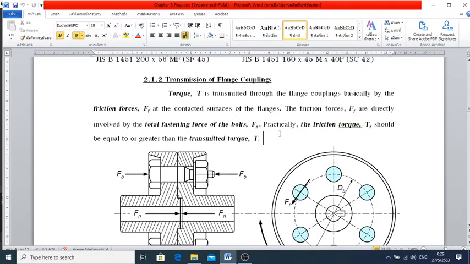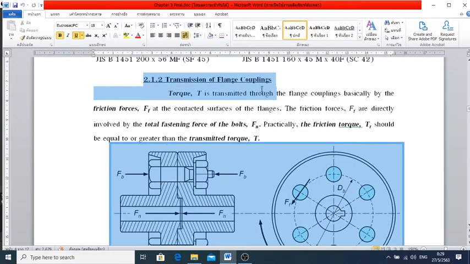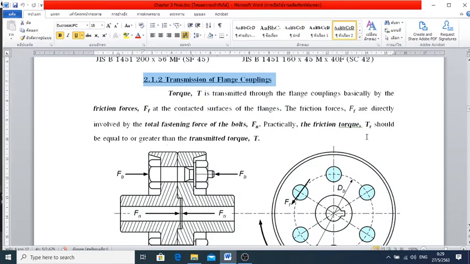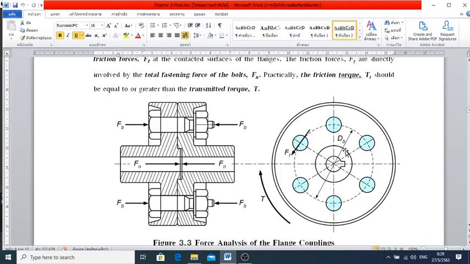Now, let's go for the transmission system, or the force acting on the flange couplings anyway. So, let's have a look at figure 3.3 there. On the left hand side, it's going to be the cross section. We have bolts there, so we tighten up the bolts.